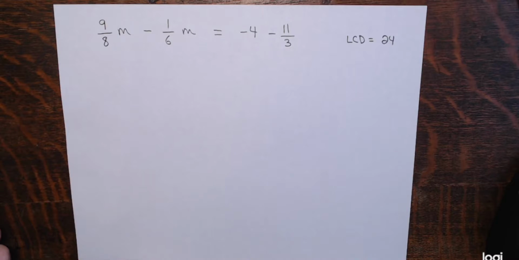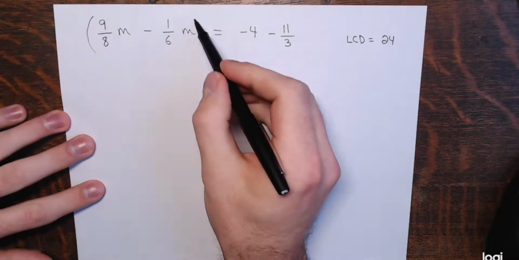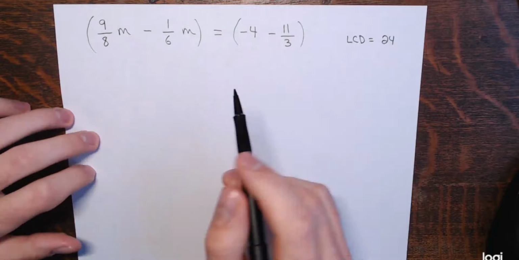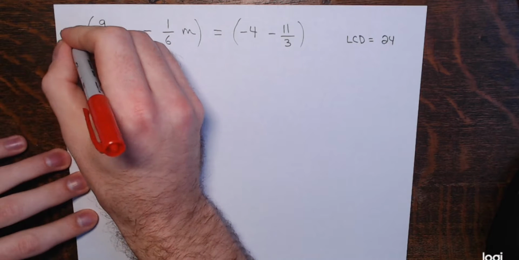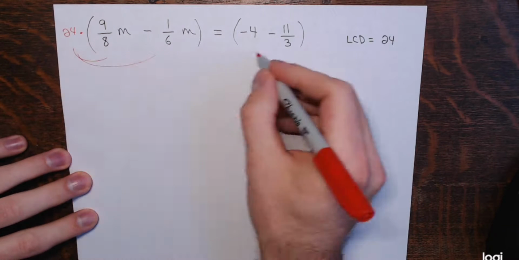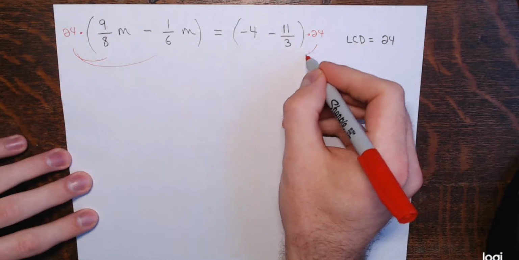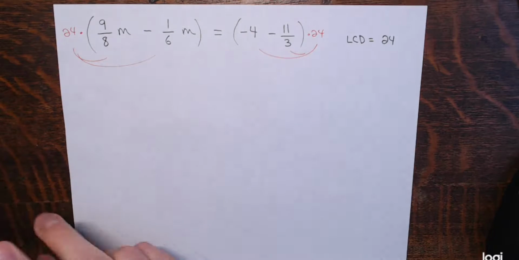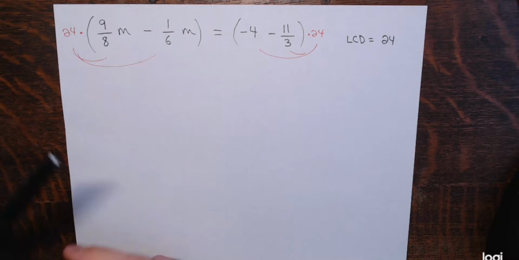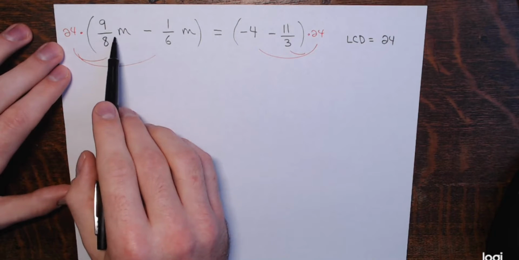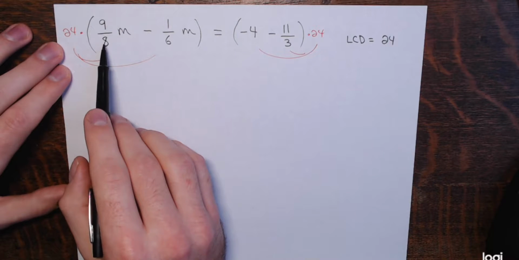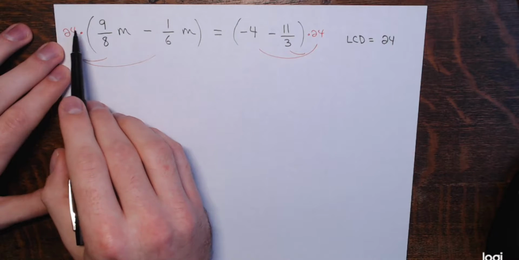So I'm going to take the entire left side, the entire right side, and multiply each term by 24. I'll be distributing. And the whole point of this is to get rid of the fractions, get rid of the denominators. So in this first term on the left, 8 goes into 24 3 times. You'd have 3 times 9, that's 27m.